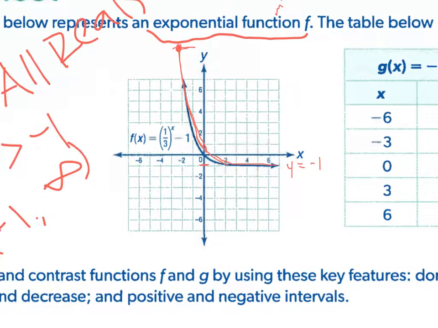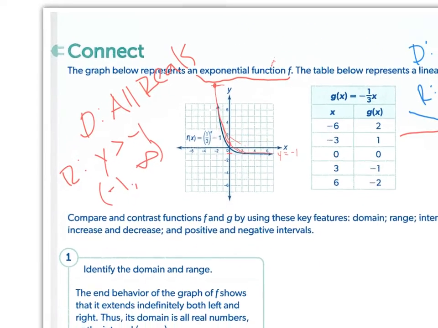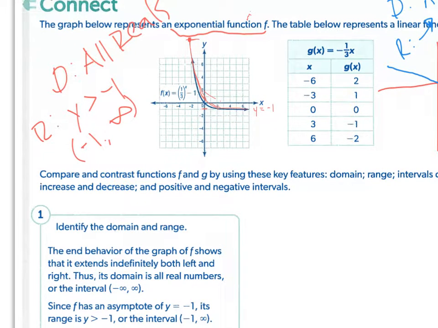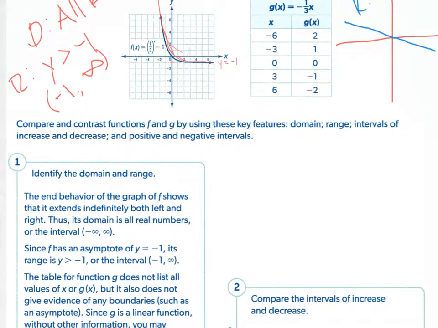So if we read this graph from left to right, we know this function is decreasing, because the y values are getting smaller. What domain are they getting smaller on? It's the entire graph. There's really not any interval where they're not decreasing. This is never increasing.